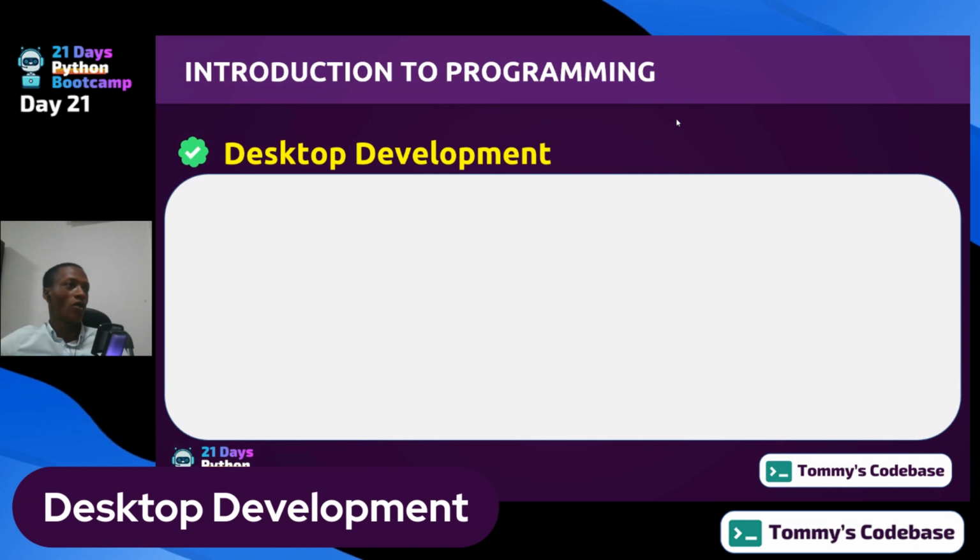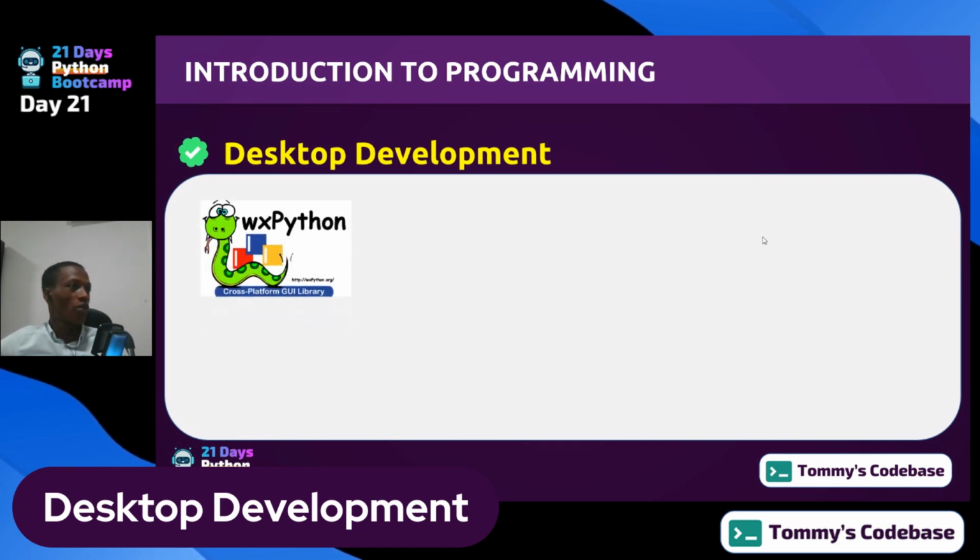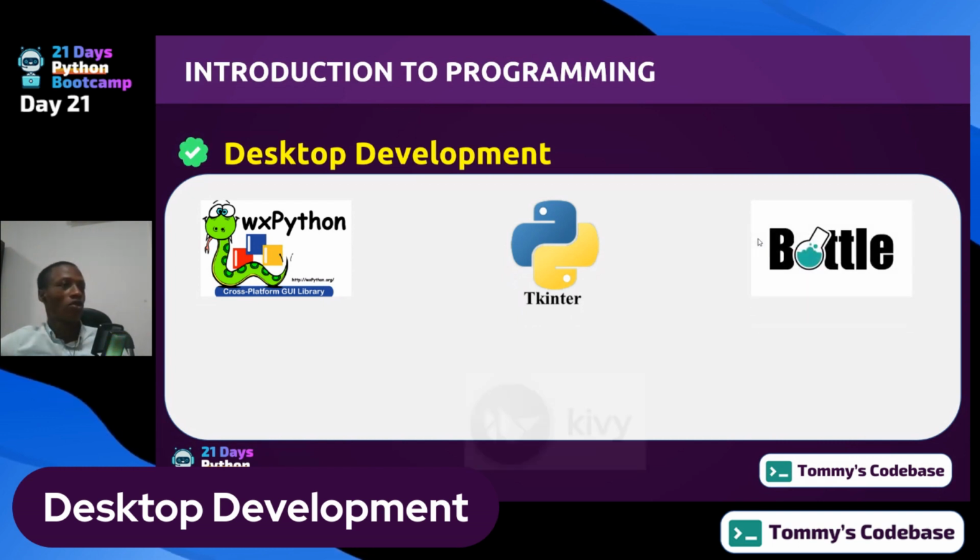We call them desktop applications. So if you want to do desktop development with Python, there are still options for you to explore. There is wxPython, and there is also Tkinter, which we have explored in one of the sessions. There is also one called Bottle.